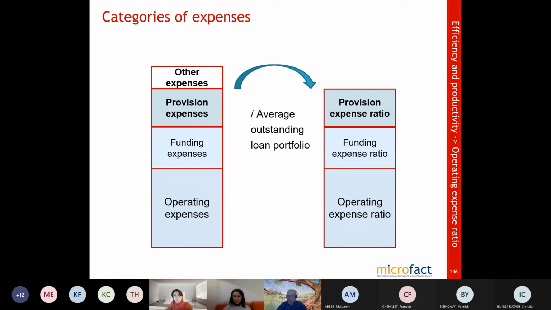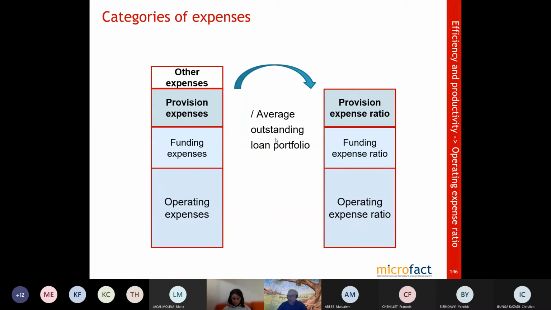We will see it's around 5 to 10. There is not a real benchmark for that one. Operating expenses are around 15, 20, sometimes 30. So it's true you can keep that low, but if you want to improve, it's mainly working on the operating expenses. Doing more with the same people is better than giving them lower salaries for doing the same work.